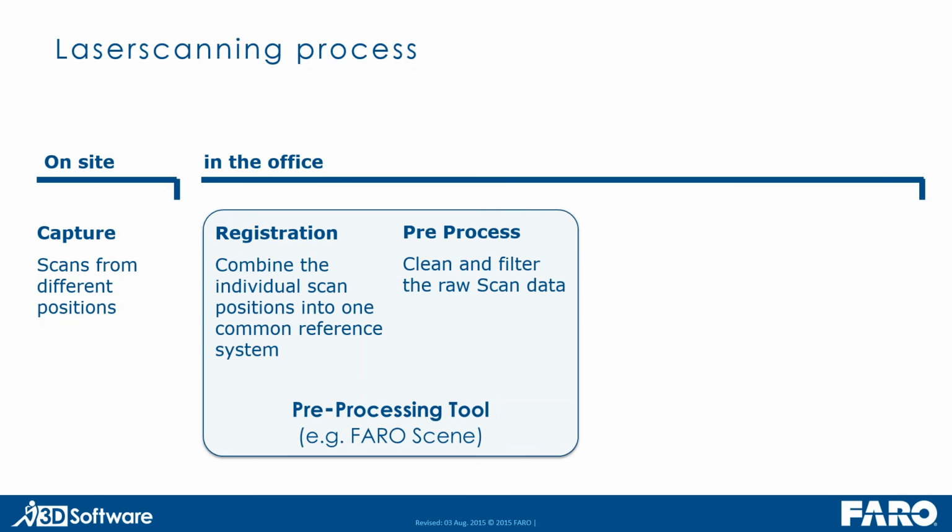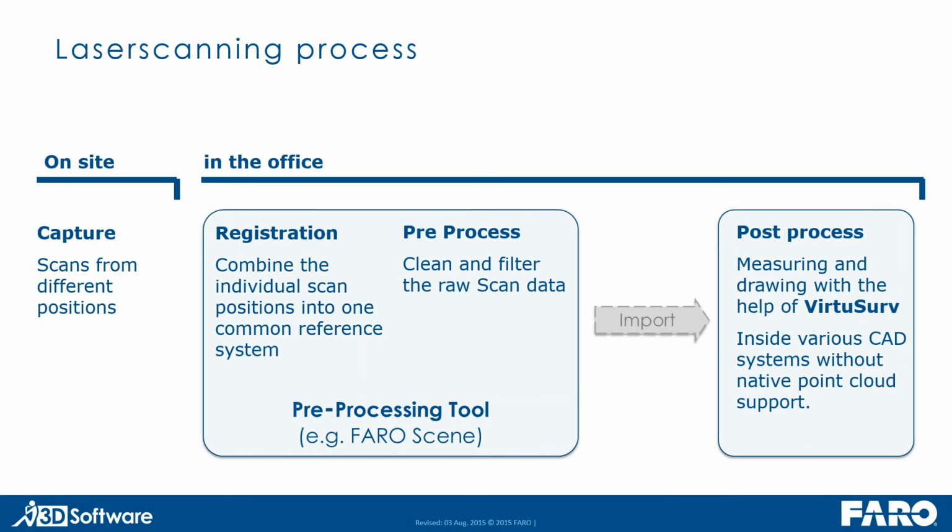And only when you've prepared this data in that way you will import this cleaned and registered scan data into our VirtuSurv software for post-processing. And post-processing means you're measuring and drawing with the help of VirtuSurv, and you can do that even inside CAD systems without native point cloud support. So VirtuSurv is a post-processing tool. It does not offer any registration and filtering or data cleaning tools. All right.